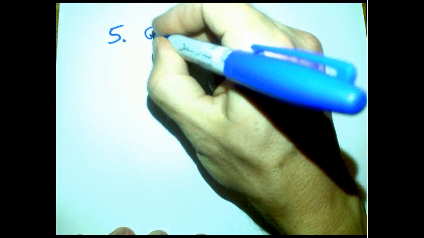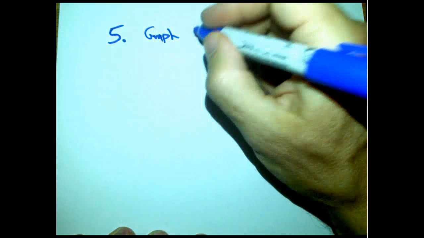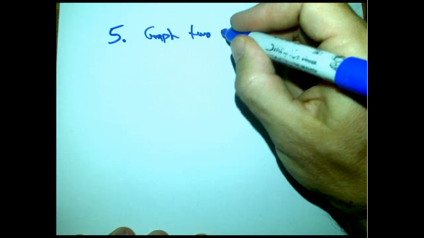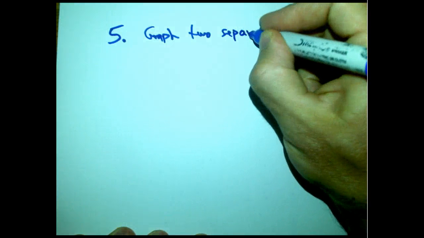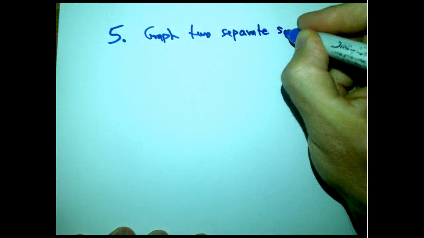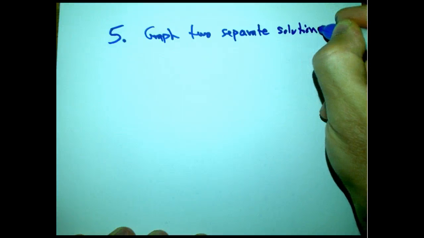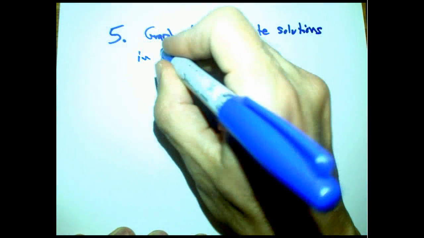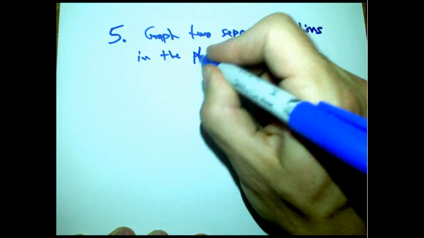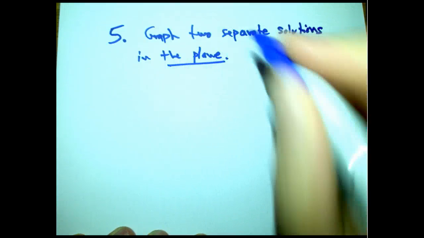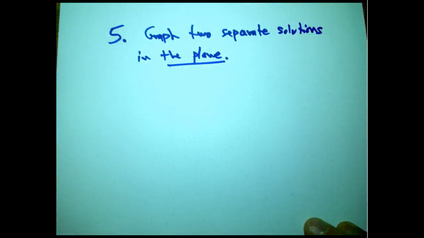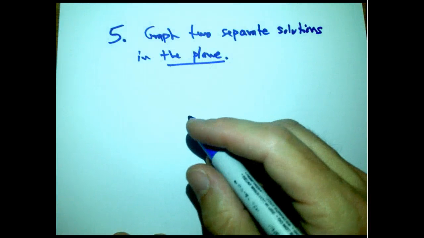We're going to graph the two separate solutions, sine and cosine. Instead of adding them to be one function, I'm going to make them the x and y coordinates of a point moving in the plane. So that's probably not something most people would guess to do, but it's going to be really useful.